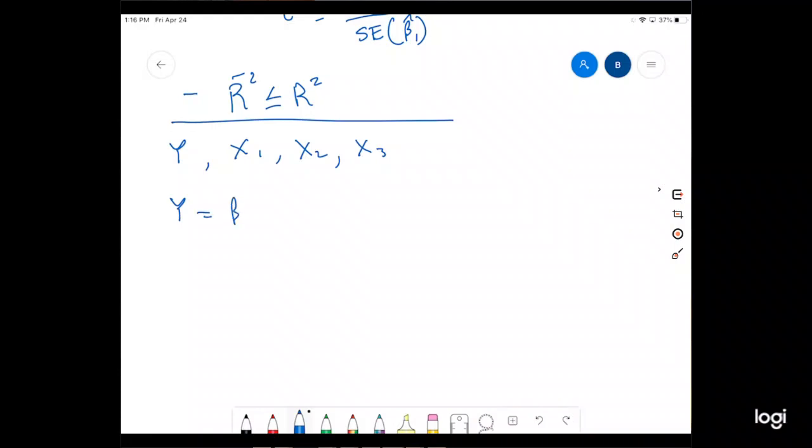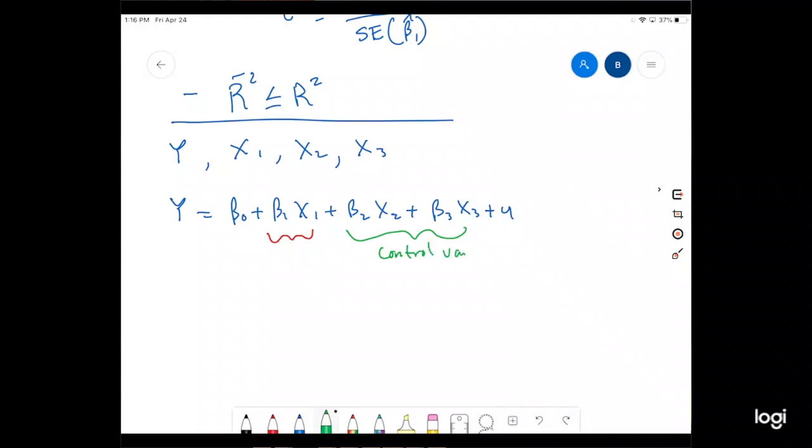Y equals beta 0 plus beta 1 x1 plus beta 2 x2 plus beta 3 x3 plus an error term. Our main variable of interest here is x1, and these are our control variables. So this would be the variable of interest.